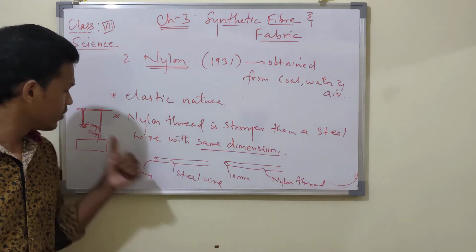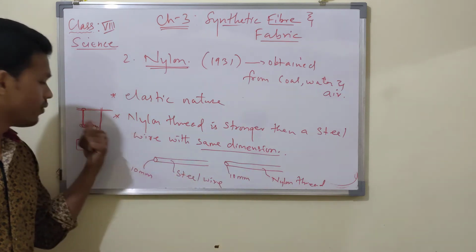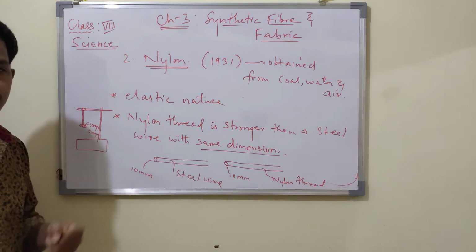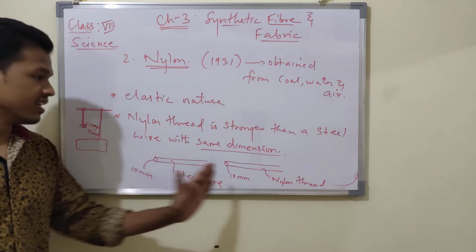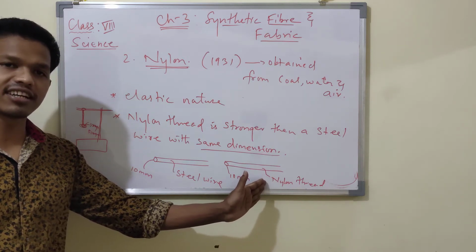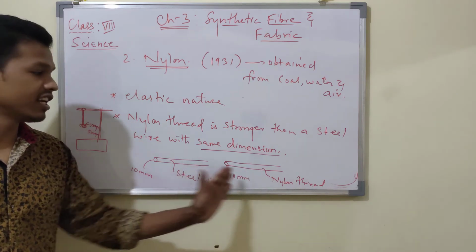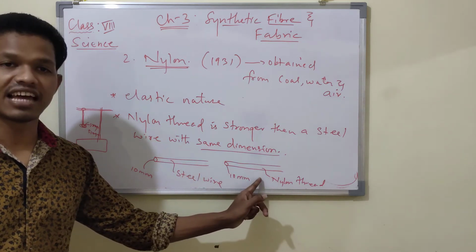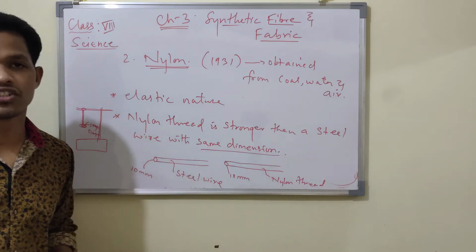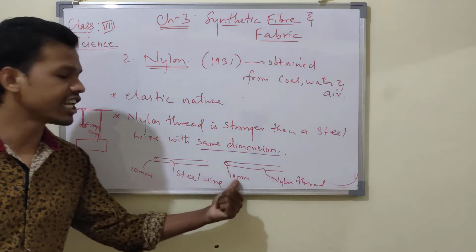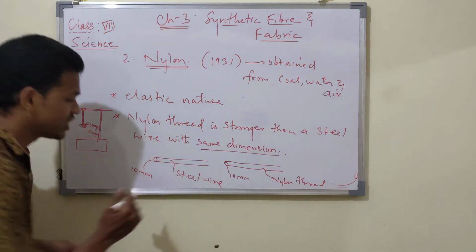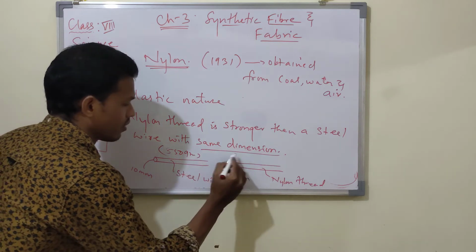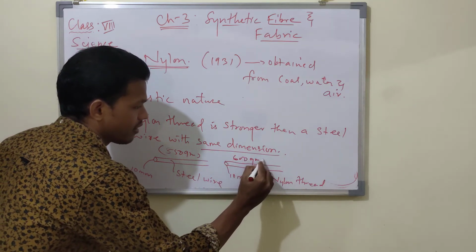If, instead of steel wire with the same dimension, you take this nylon thread, it can carry 600 gram also. The steel wire's limit is 550, but the nylon thread can carry 600 gram and above.